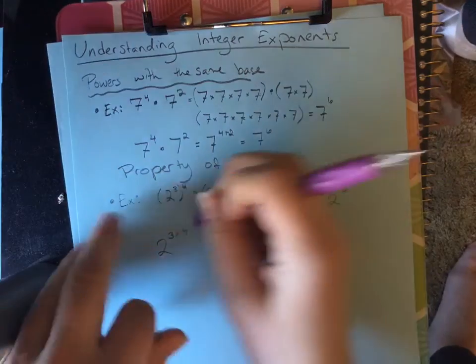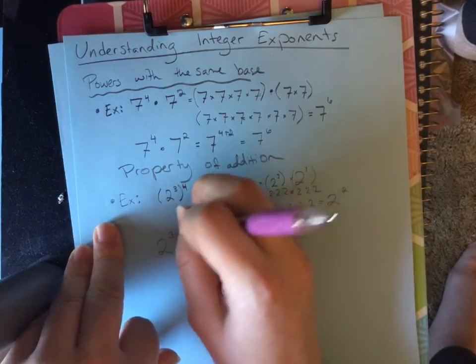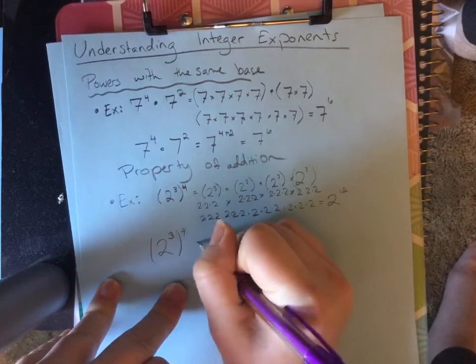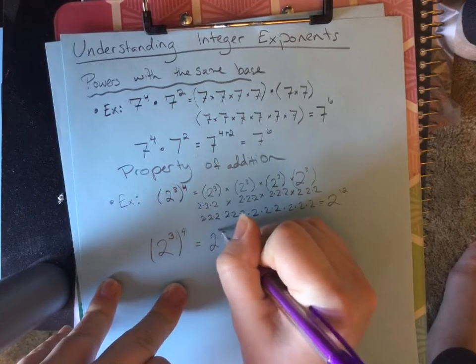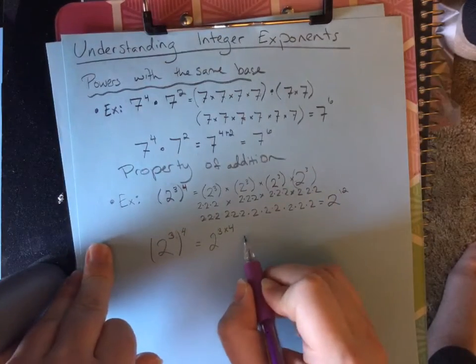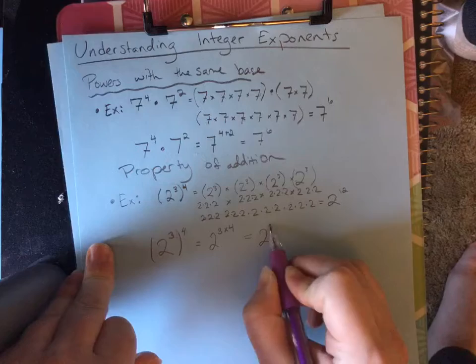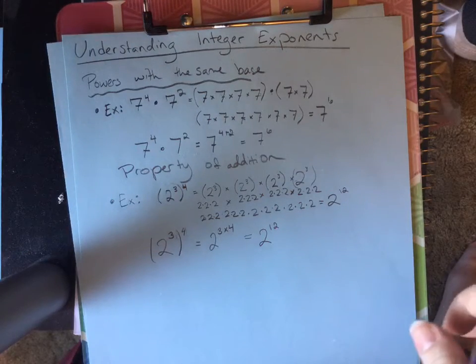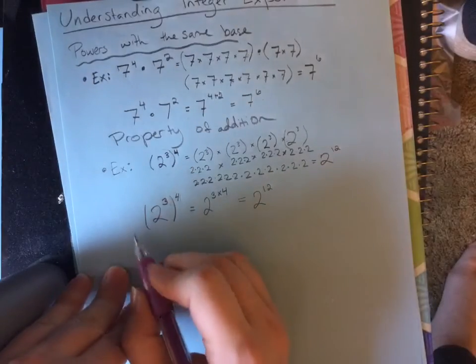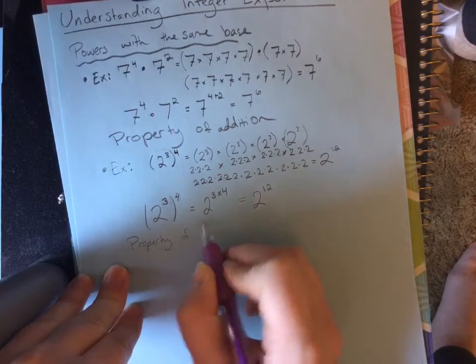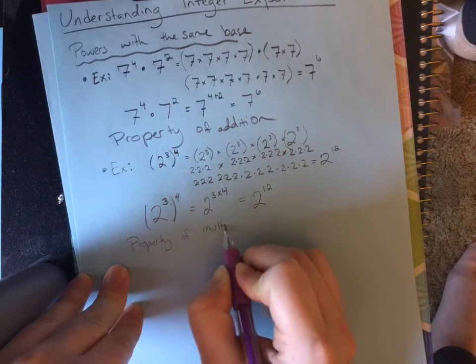Sorry, I'll write this properly. 2 to the 3rd power to the 4th power is equal to 2 to the power of 3 times 4, which is equal to 2 to the 12th power. Guess what we call this? Multiplication.